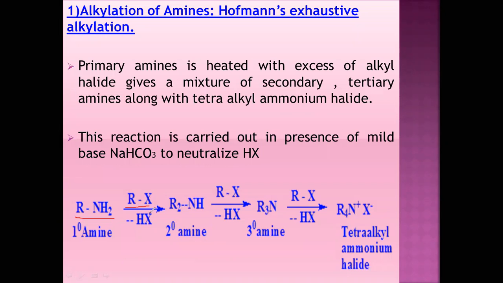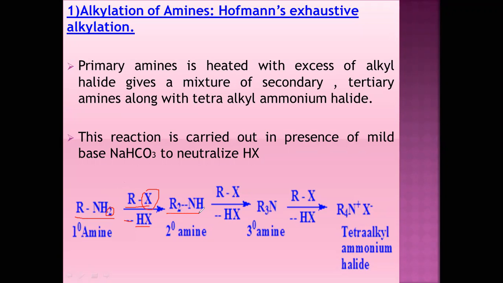So what happens here? The halogen atom and one of the hydrogen atoms form hydrogen halide, HX, which gets removed from the reaction as a side product, and the R group is introduced on the nitrogen atom by replacing the hydrogen atom.